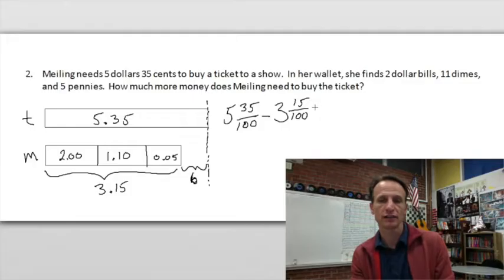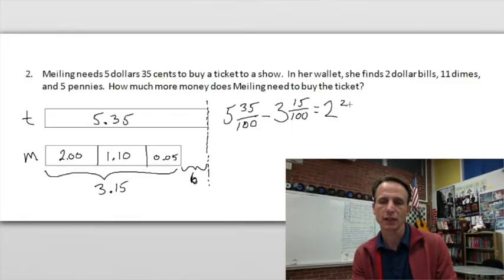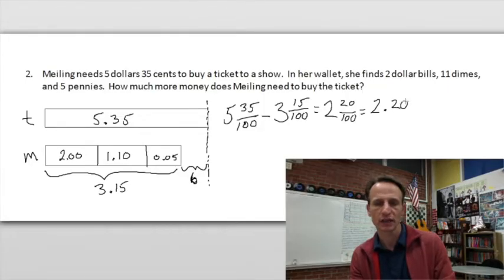The gods have been favorable to us because they made the subtraction relatively easy without any regrouping. 5 minus 3 is 2. 35 minus 15, yes, that is 20. And 20 what? 20 hundredths. So I write this as a decimal, 2 and 20 hundredths. 2 and means decimal point, 20 out to the hundredths place.